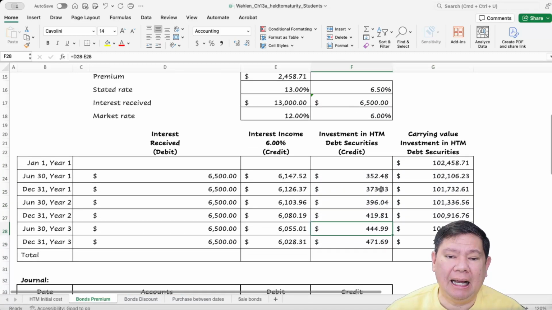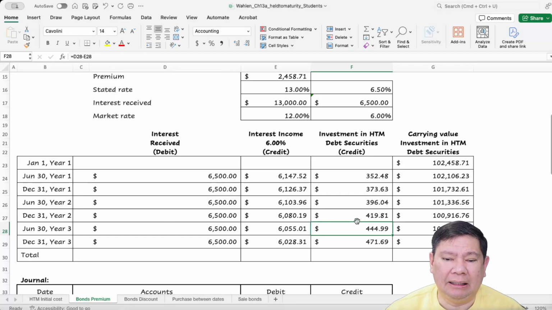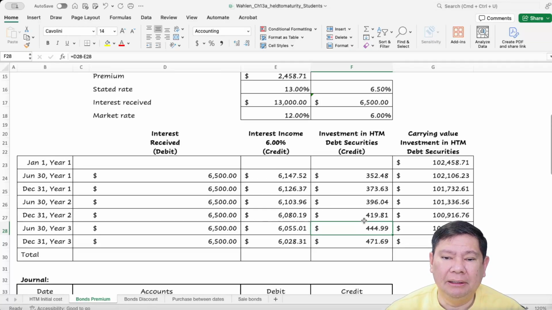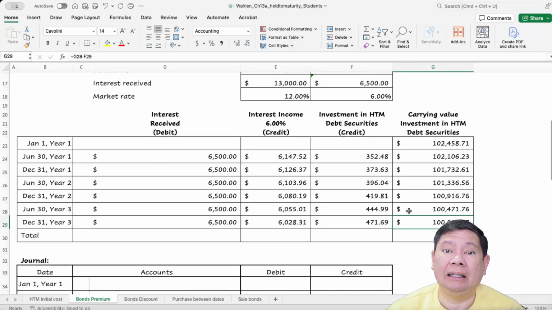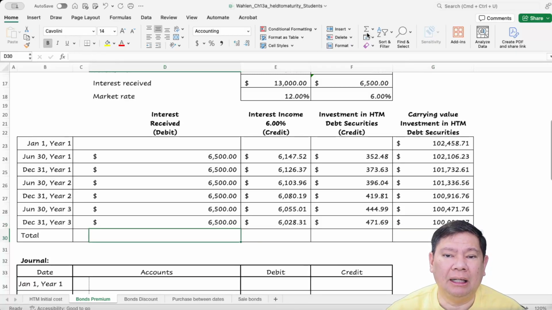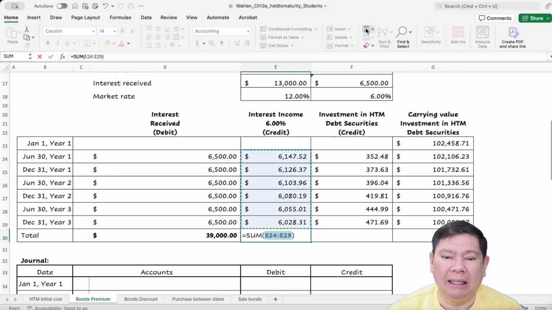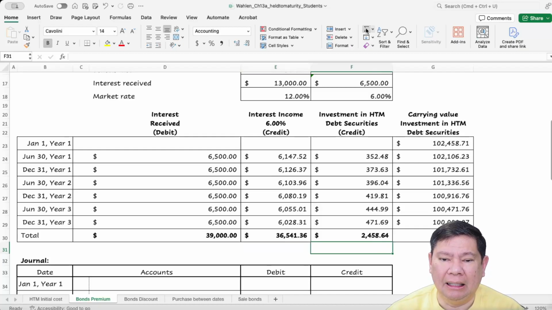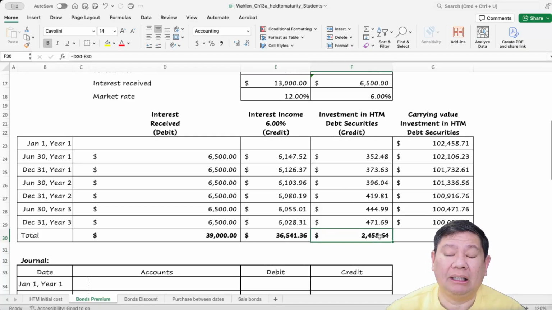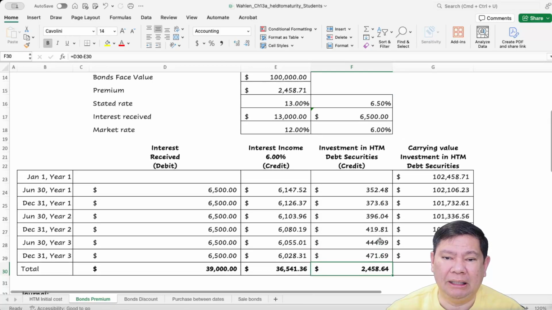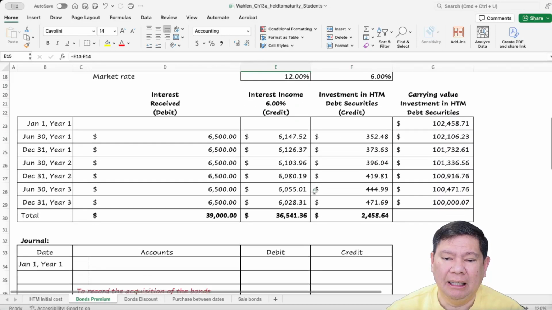So you see that after 3 years, the carrying value of the bonds is back down to $100,000, and we can calculate the total interest that we receive, the total interest income, and the total amortization of the premium, which is the same as this one. There is a slight difference due to rounding differences, okay?